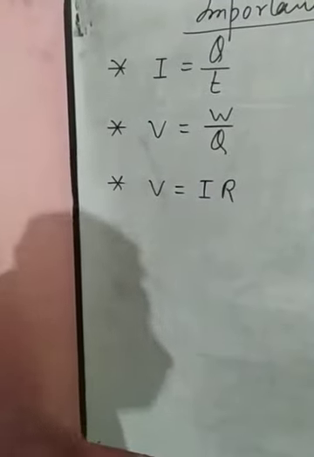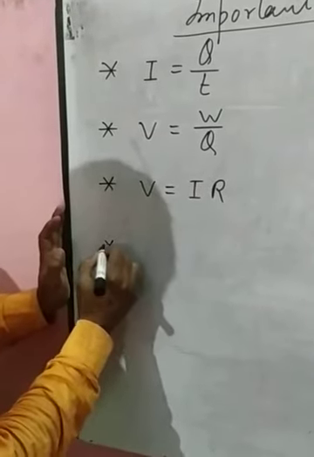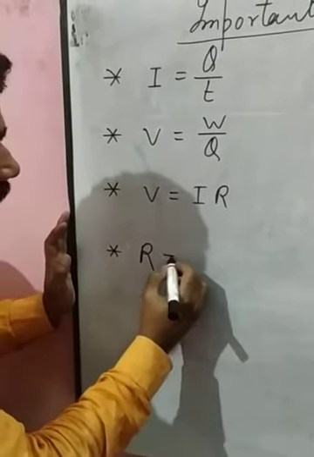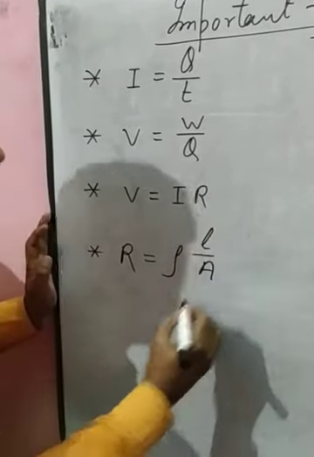The fourth formula is R is equal to rho L by A.